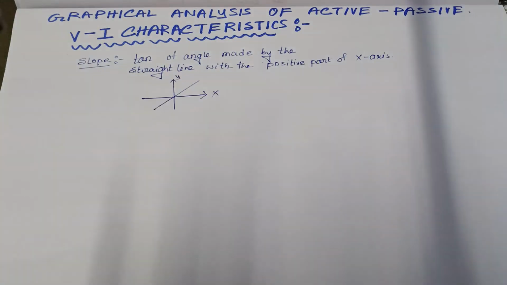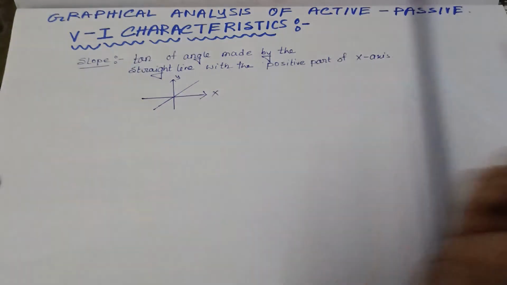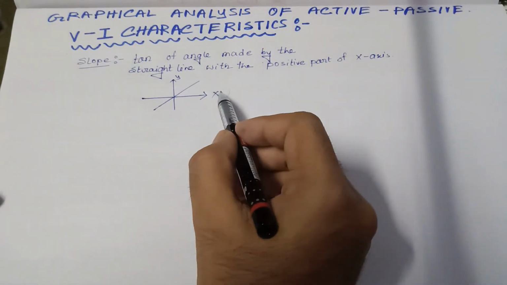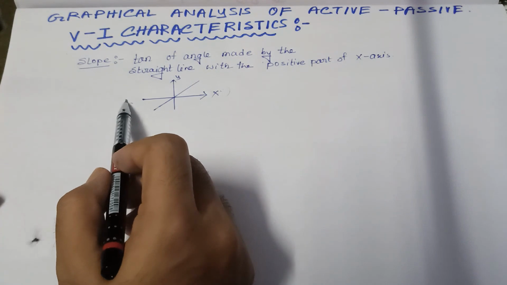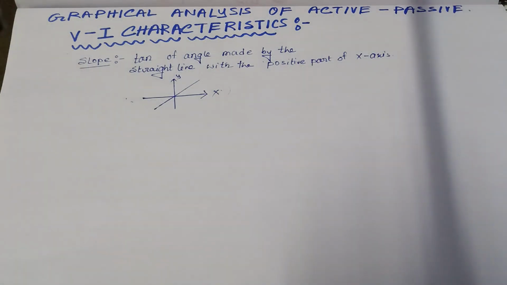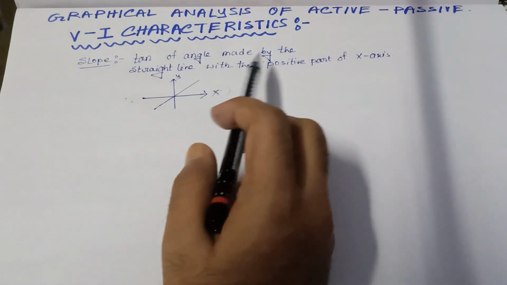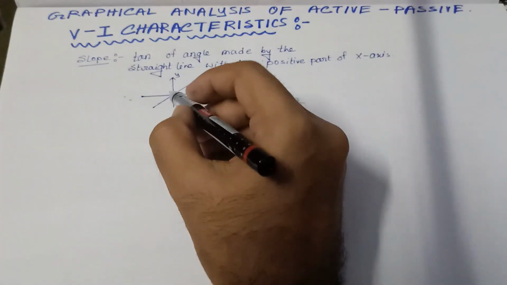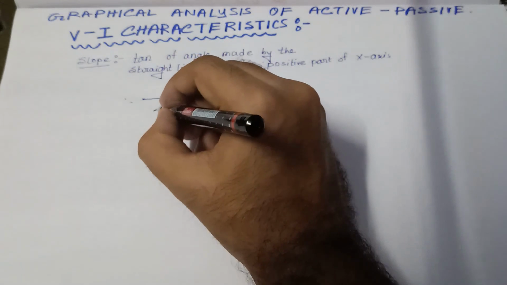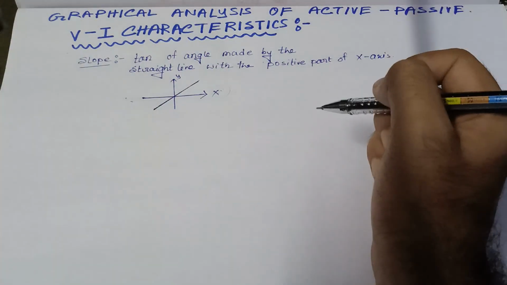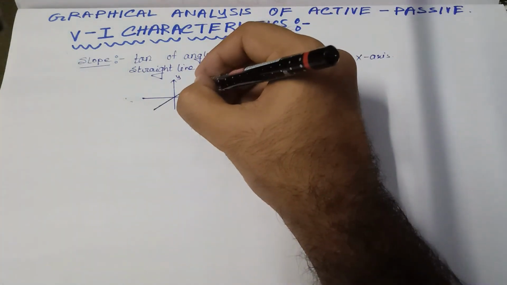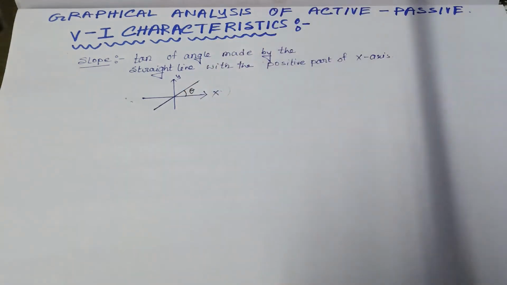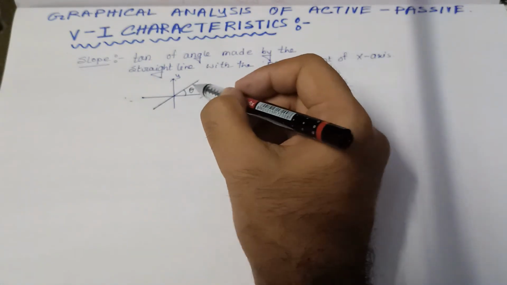Okay, see, suppose this graph, and this is the positive x-axis, this is the negative side of the x-axis. This is the straight line, and what is the angle made here? Maybe this is theta. I am assuming the angle to be theta.